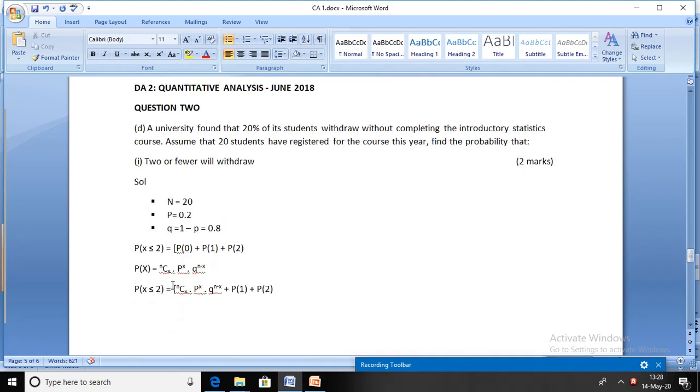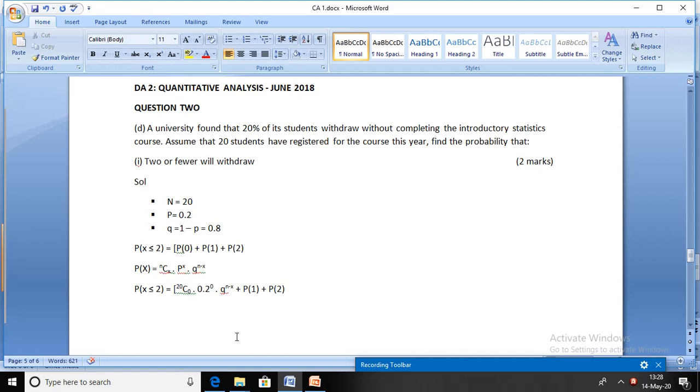So let's conclude. What is n? N is 20. X, for the probability of 0, x will be 0. The probability P is 0.2 to the power x, and x in this case will be 0.